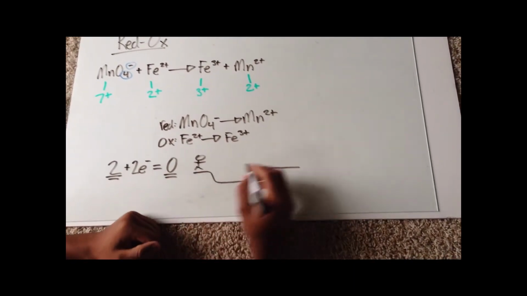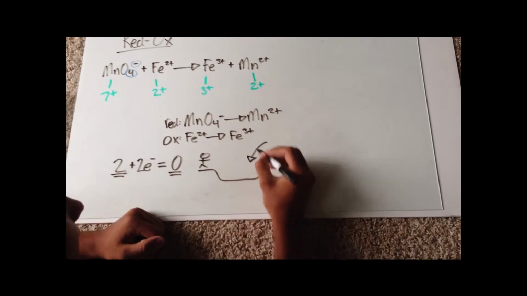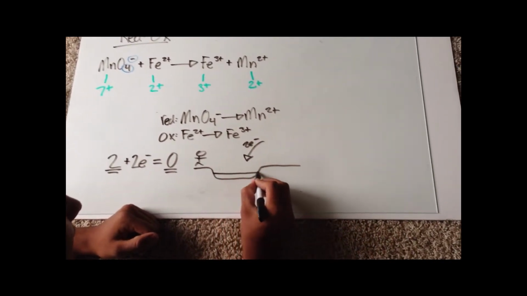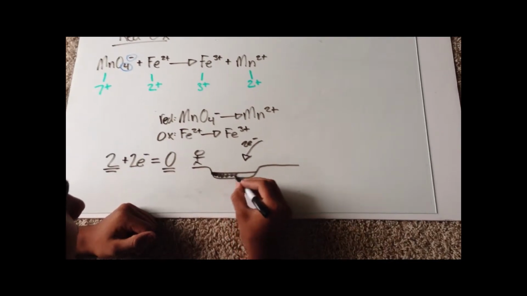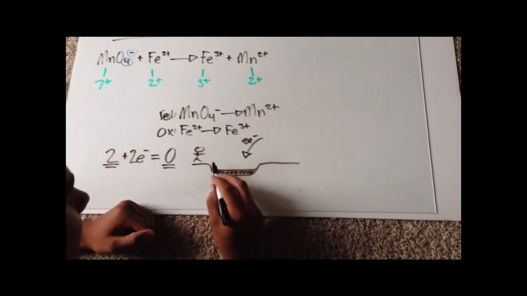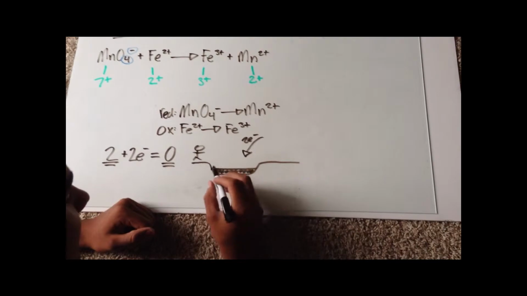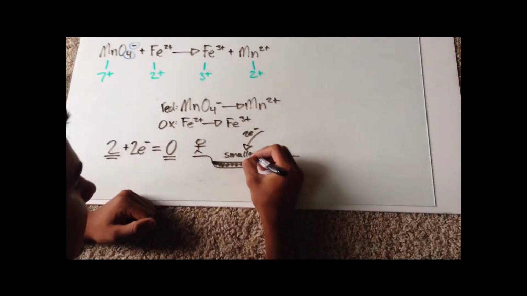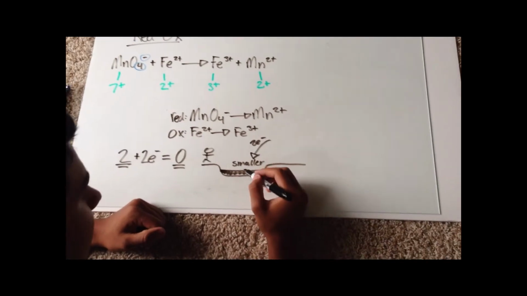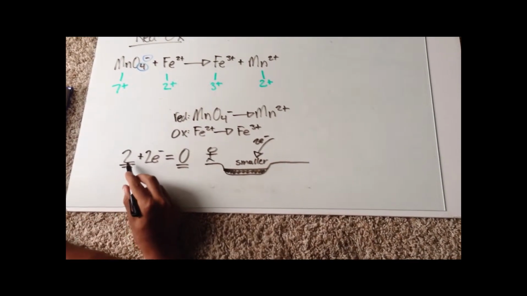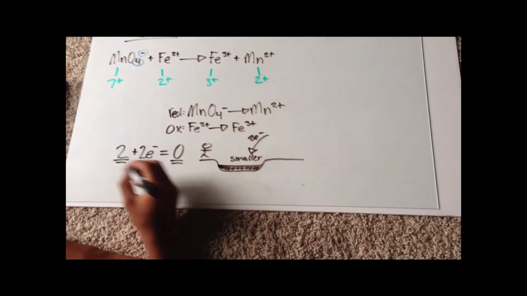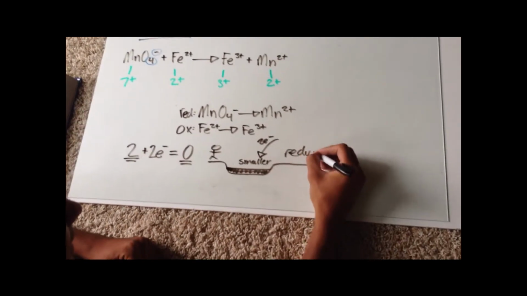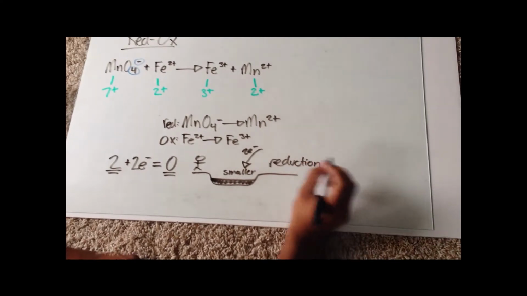So you add 2 electrons, let's just say it helps to cover 2 inches. And those 2 electrons, since you added them, made this hole smaller. You see? Adding it makes it smaller. Same thing here. You add electrons, makes it smaller. So this is for a reduction.